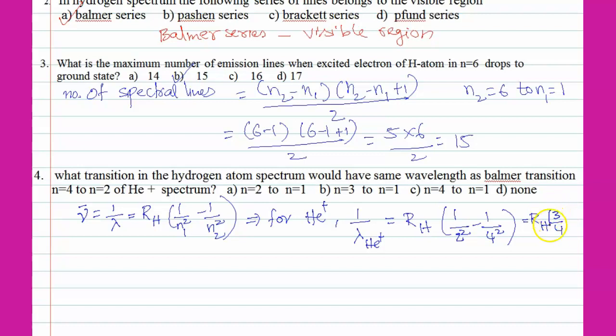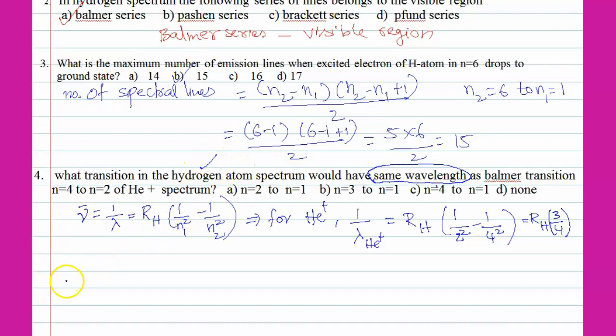So this is 1 by lambda He plus. In the case of hydrogen, we have to find this one. What they mentioned is the same wavelength for the hydrogen spectrum also.